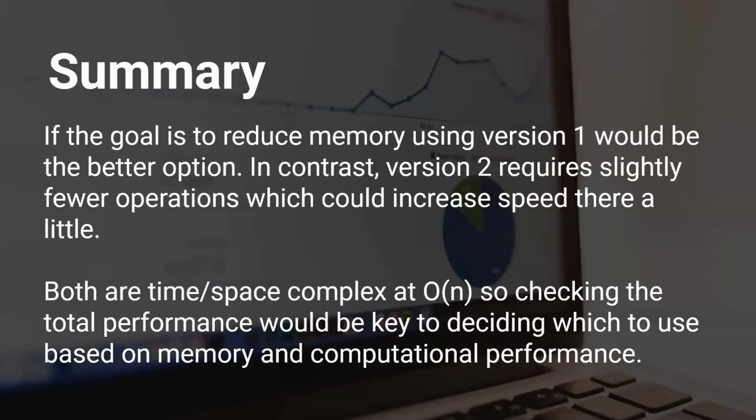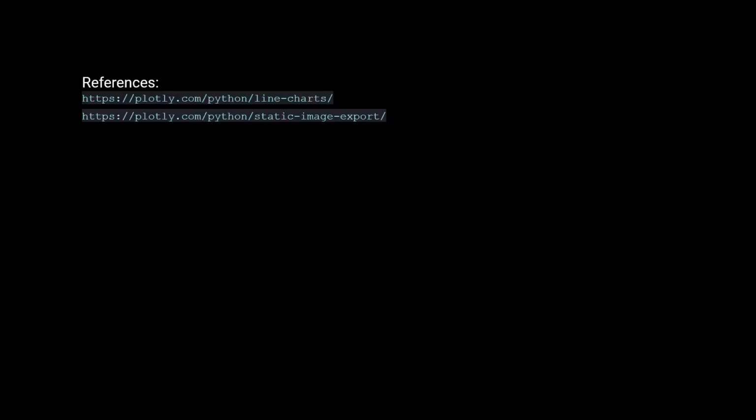In contrast, version 2 requires slightly fewer operations, which could increase speed a little. But both are time/space complexity O of n, so checking the total performance would be key to deciding which to use based on memory and computational performance. And here are our references.